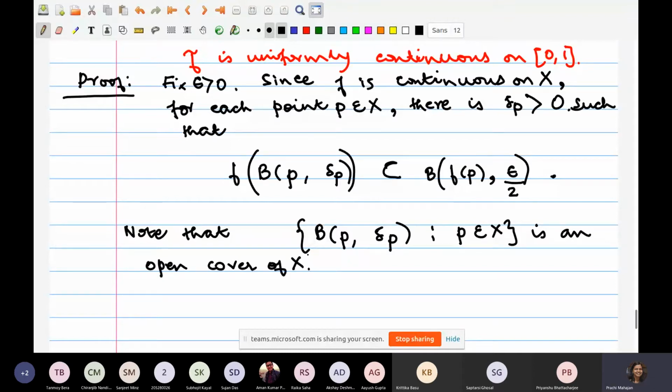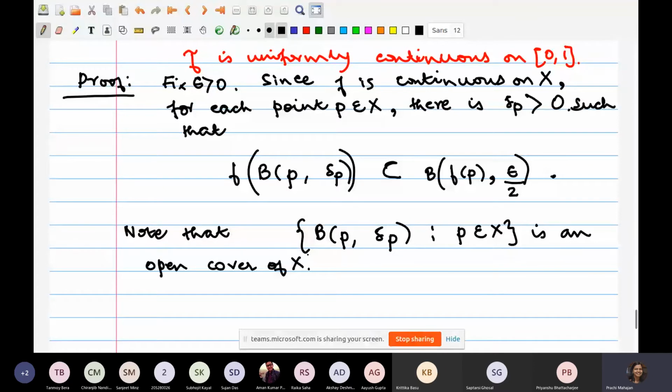Let's remind ourselves. This means that each such ball is an open set in X, true. And if I take the union of these sets over P, then that union would contain the set X, correct?